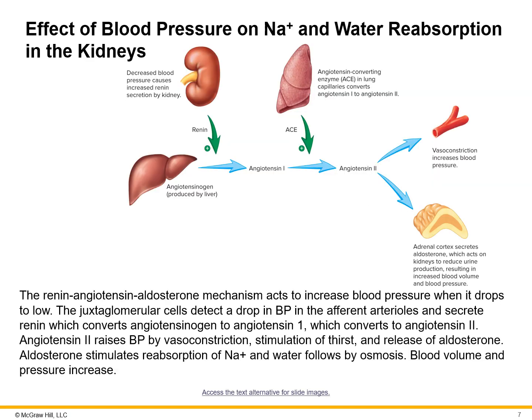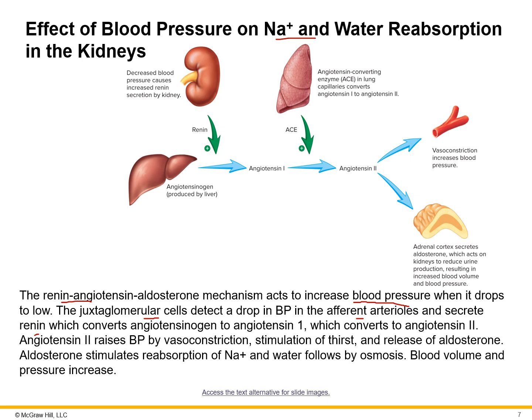So again, if we look at this with the blood pressure's effect on sodium and water reabsorption, the renin, angiotensin, aldosterone, this increases blood pressure. So this gets activated whenever the blood pressure drops. Those juxtaglomerular cells detect the decrease in blood pressure in those afferent arterioles.